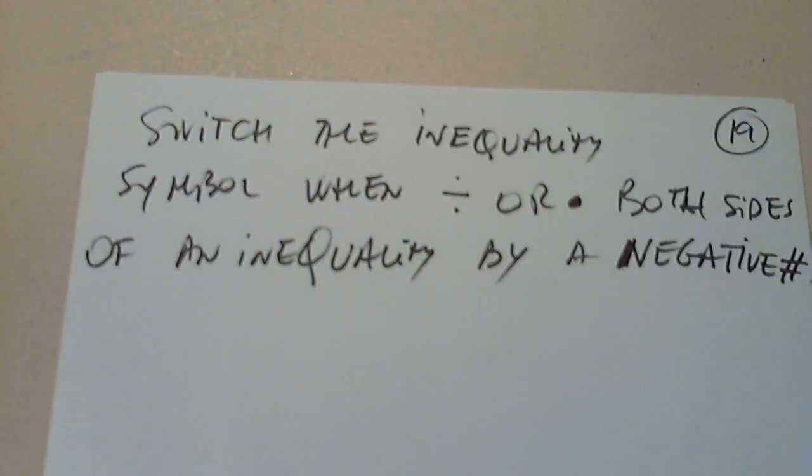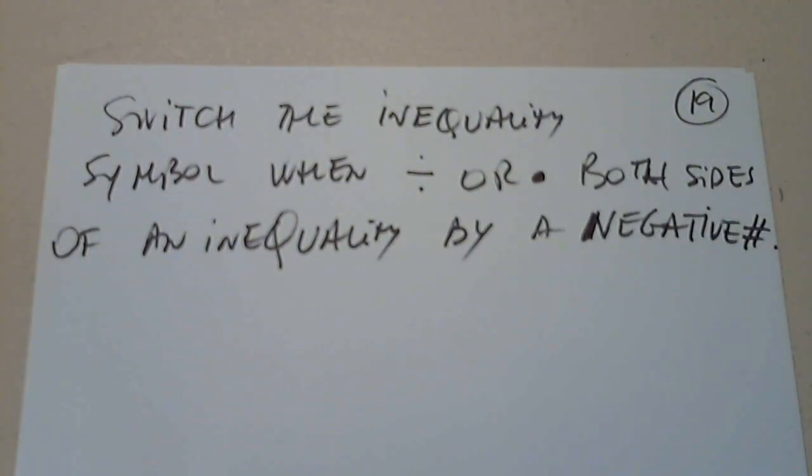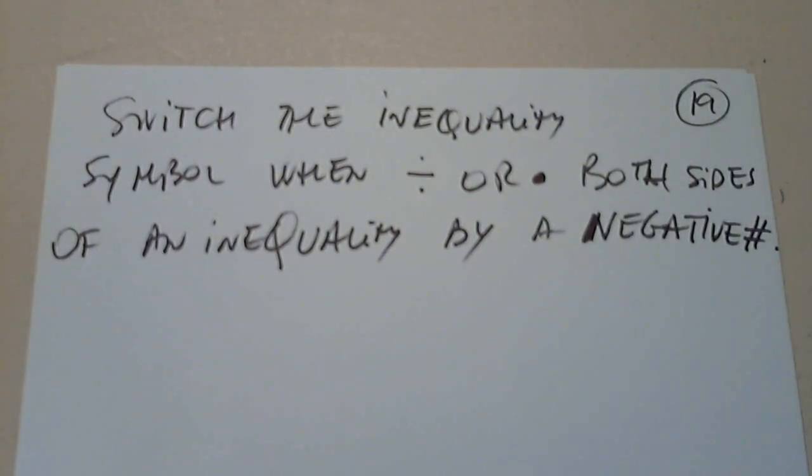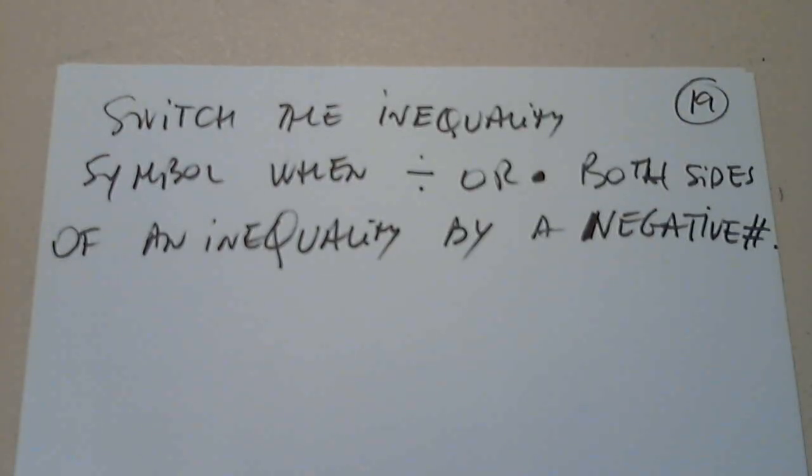Only by a negative number. We looked at a positive situation. When we multiplied both sides by a positive number, nothing happened. The inequality symbol does not get reversed. So you must reverse the inequality symbol when multiplying or dividing both sides of an inequality by a negative number. This is carved in stone, and we know why.